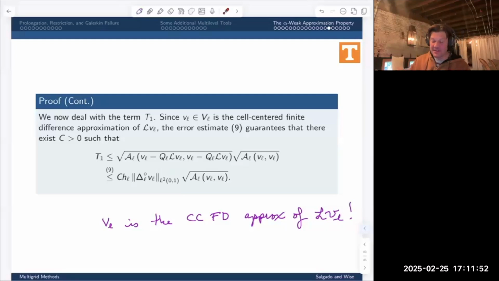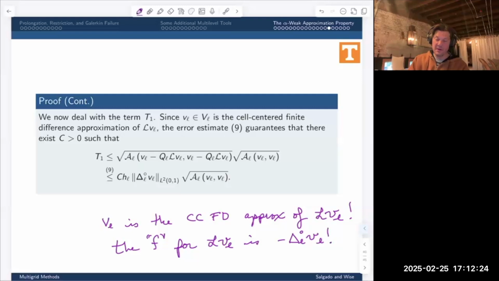And the right-hand side for the continuous version, or for the continuous solution, is this guy here. That's the F that we have to use in that error estimate. So there's a couple of things. The F for LVL is minus that Laplacian operator on VL.